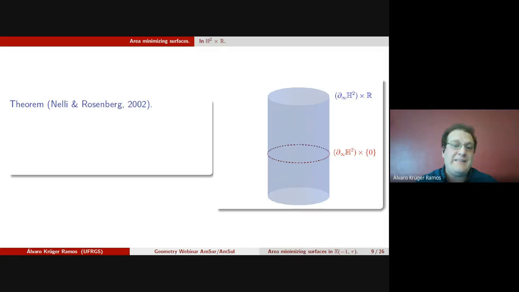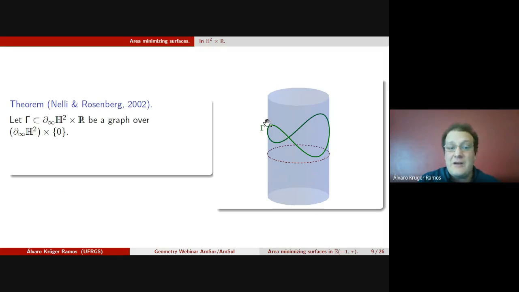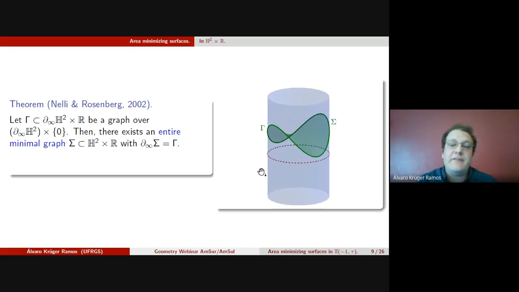I will present this one by Nelli and Rosenberg in 2002, which states that if gamma is a graph over the asymptotic boundary of H2 cross 0, then you can find an entire minimal graph in H2 cross R with that asymptotic boundary. And since it is an entire minimal graph, it is area minimizing.